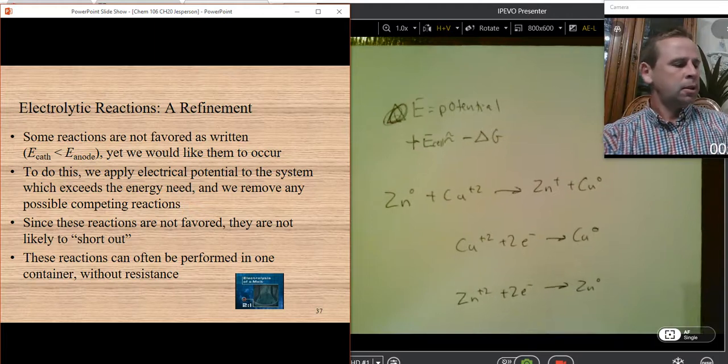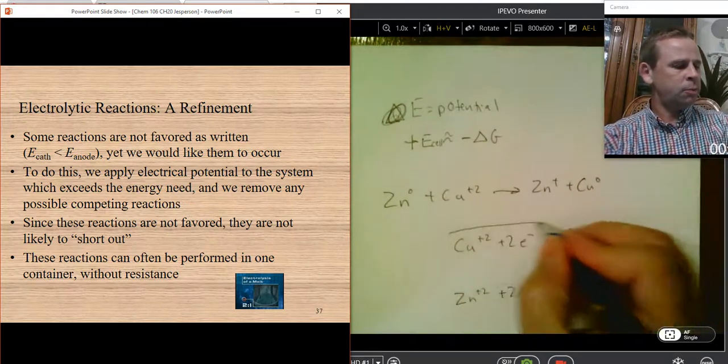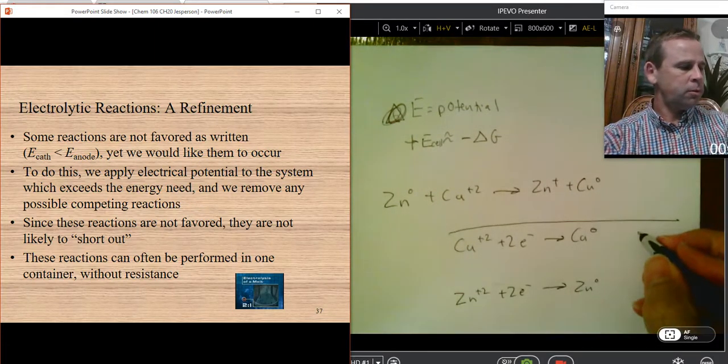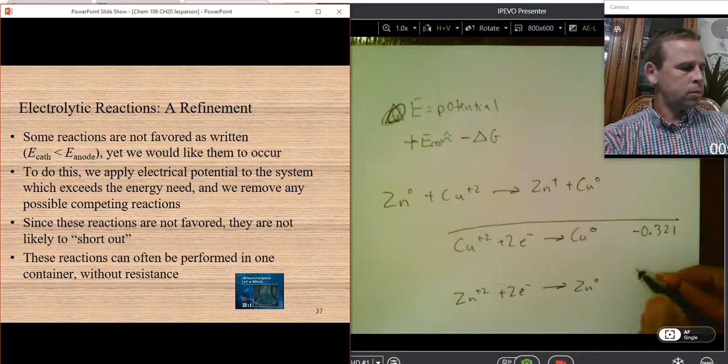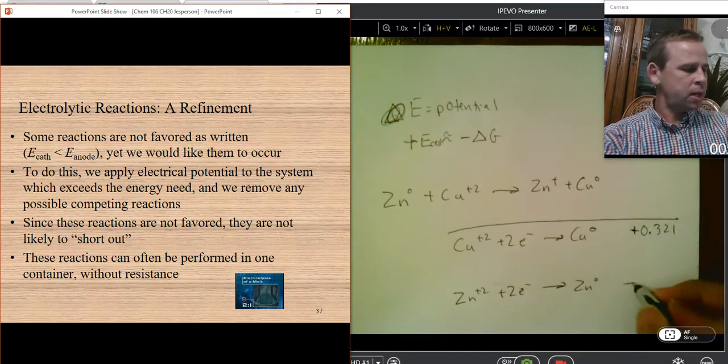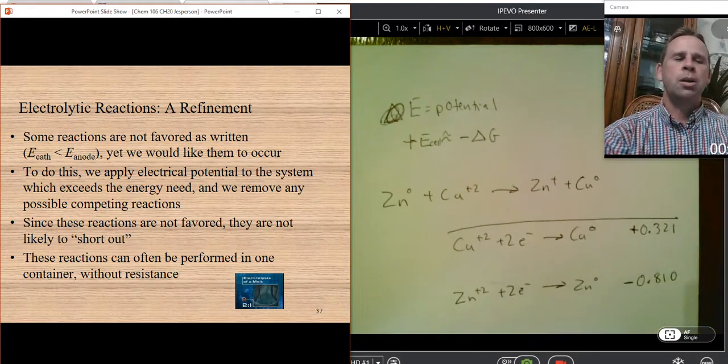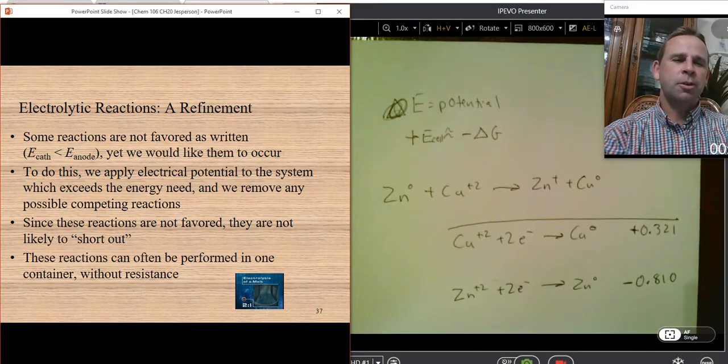All right? And then in our table of reduction potentials, we'd be given a value. For example, negative 0.321 and, well, I'm going to call this actually a positive, and negative 0.810.